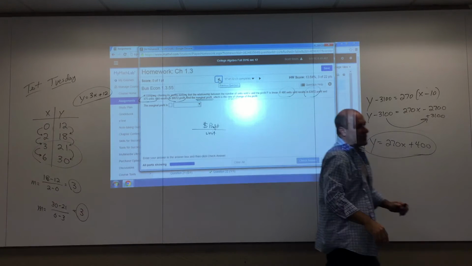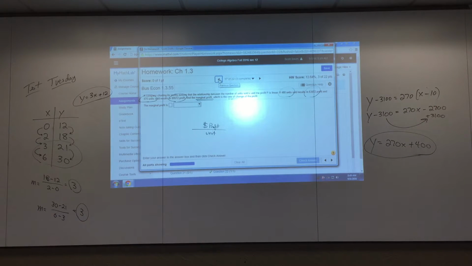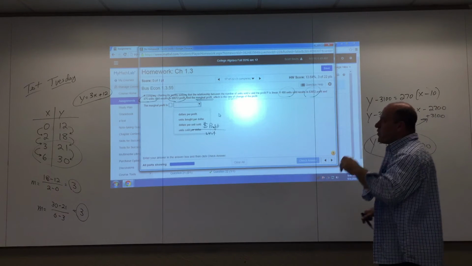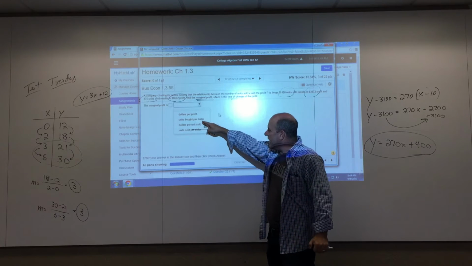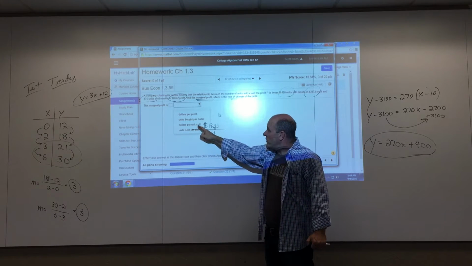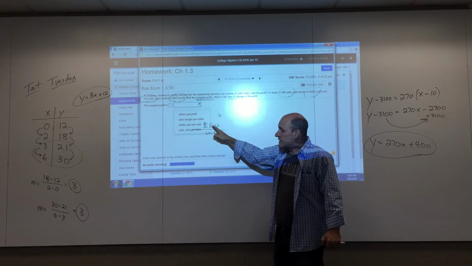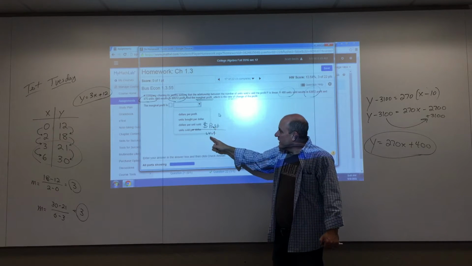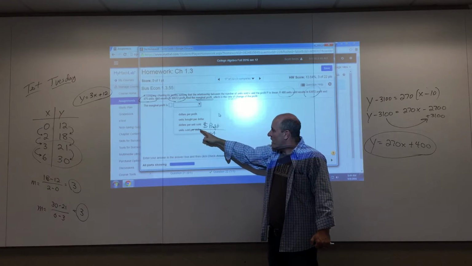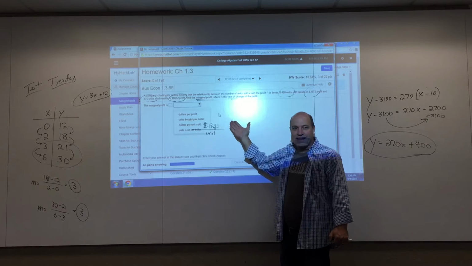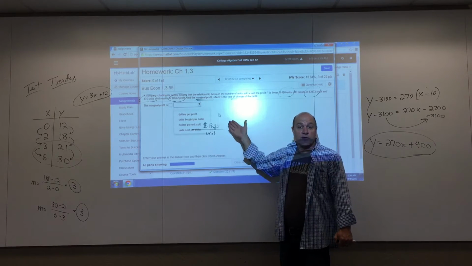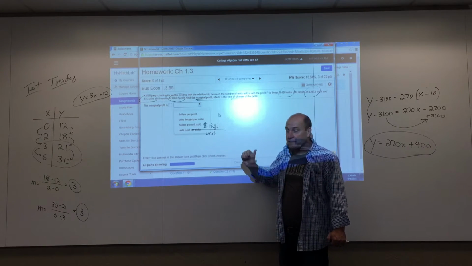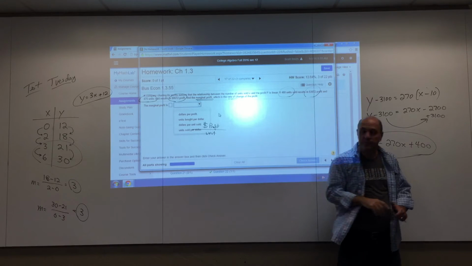Let me see if I can read that. Dollars per profit, I don't like that. Units bought per dollar, I don't like that. Dollars per unit sold. Yeah, I kind of like that, right? Units sold per dollar. No, that's upside down, right? You have to have the Y's over the X's, or the profit over the X's, right? Cool.